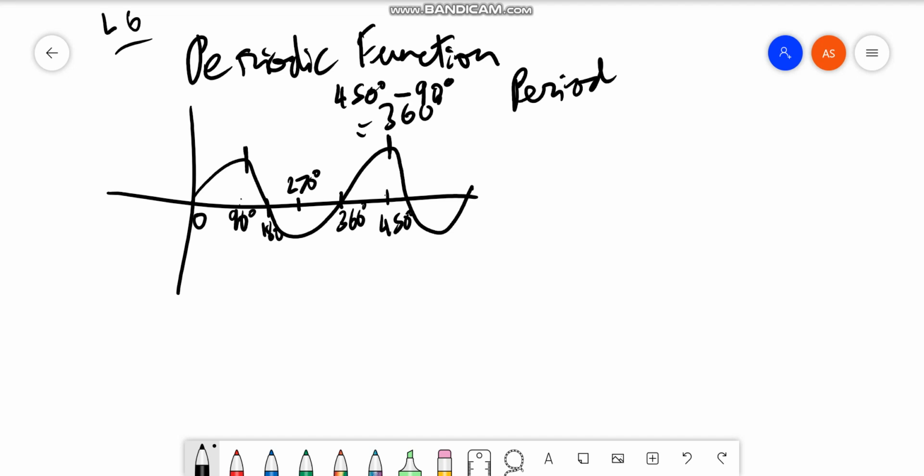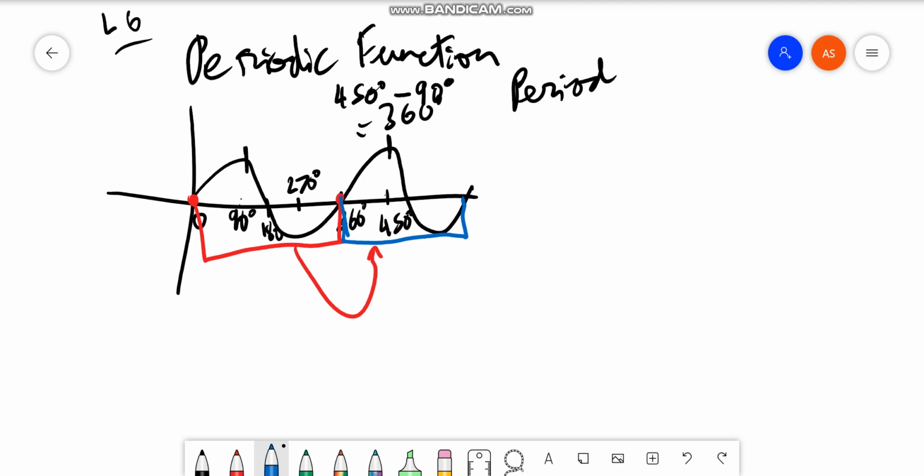So the period is also from this point to this point, because after this point this entire thing repeats again from here to here. So the period for this graph is 360.